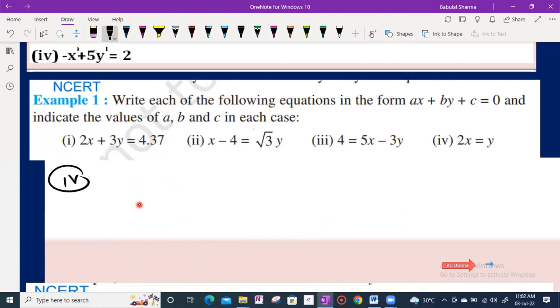That is fourth part. That is 2x is equal to y. So x, y को you can write 2x is equal to 1y.